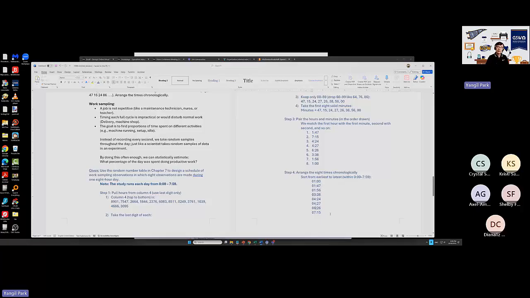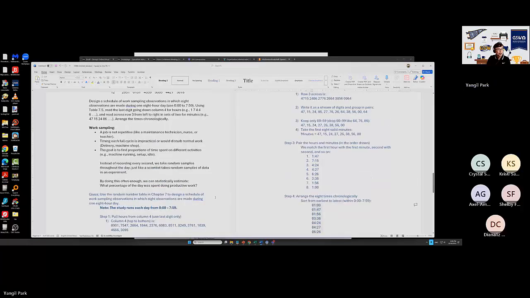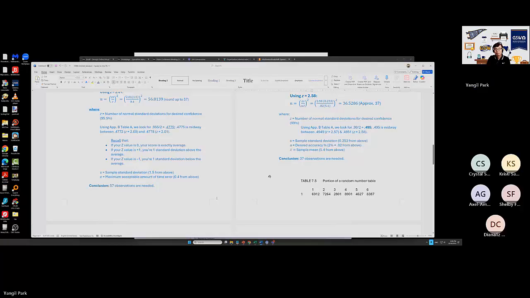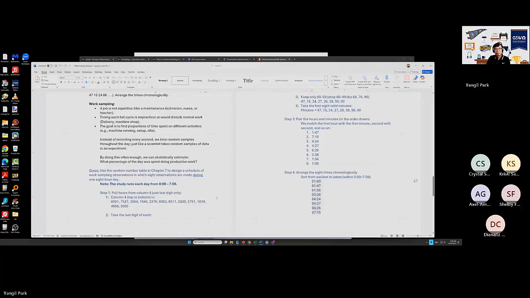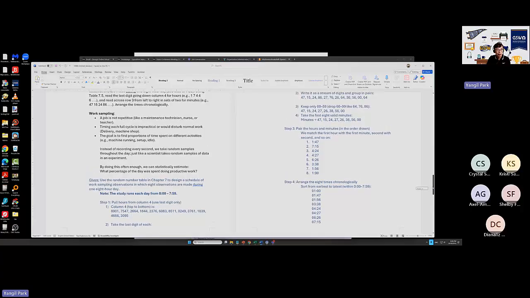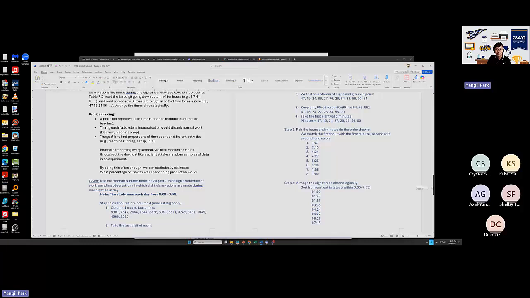So that's what we came up with for random times for this setup. It takes a few more steps, but it's pretty much straightforward as long as you don't lose those numbers or skip some of them.